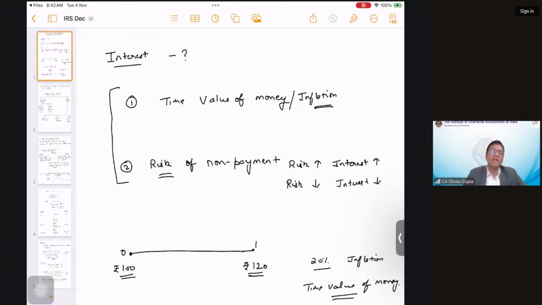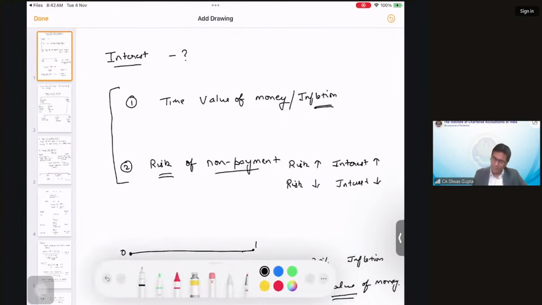The second reason why interest is charged is the risk of non-payment. The risk of non-payment is the counterparty risk. Okay.